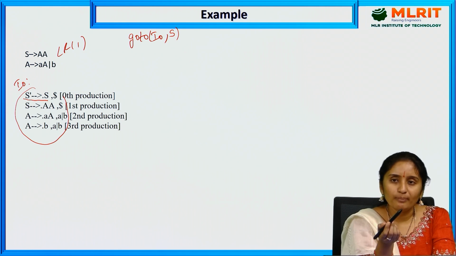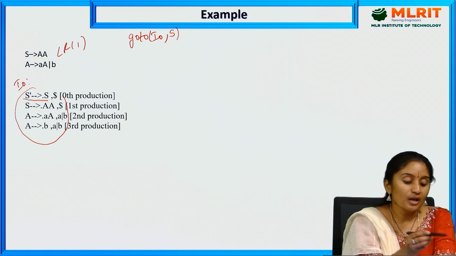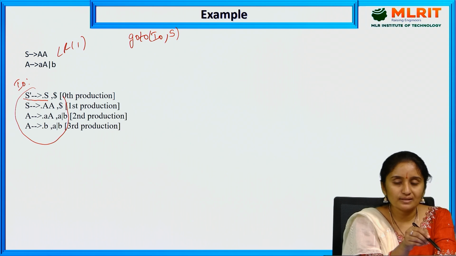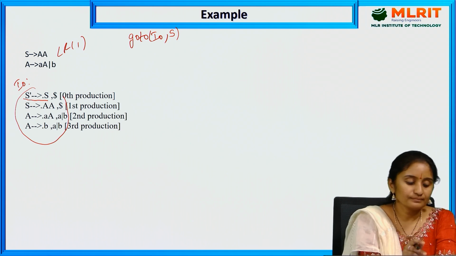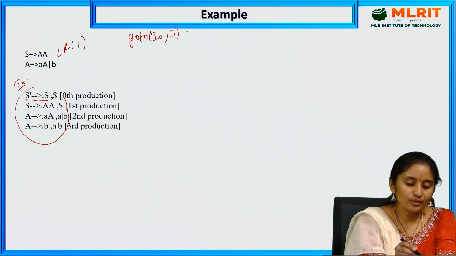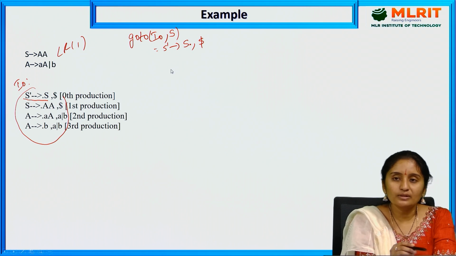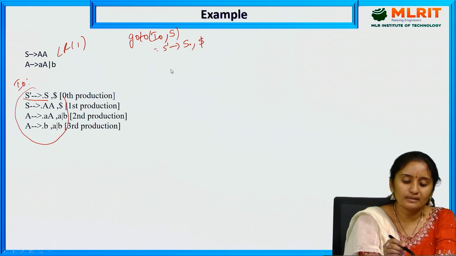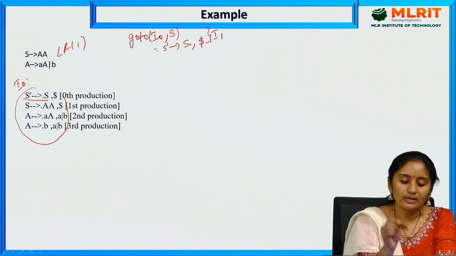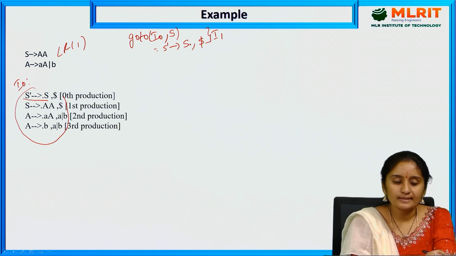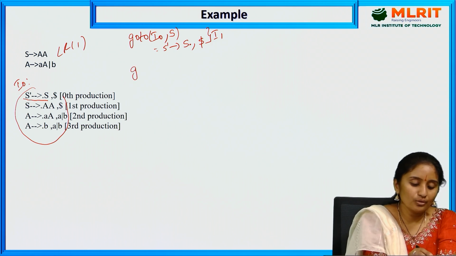When we apply the goto function on that particular state, the dot moves to the next position. So goto(I0, S) is S' tends to S dot, comma dollar. After the dot there is no terminal or non-terminal, so this is completed. It is I1.